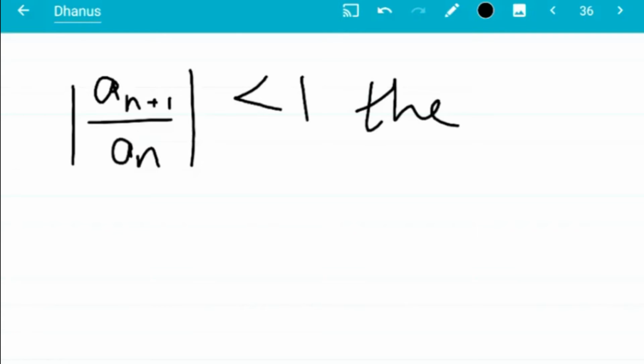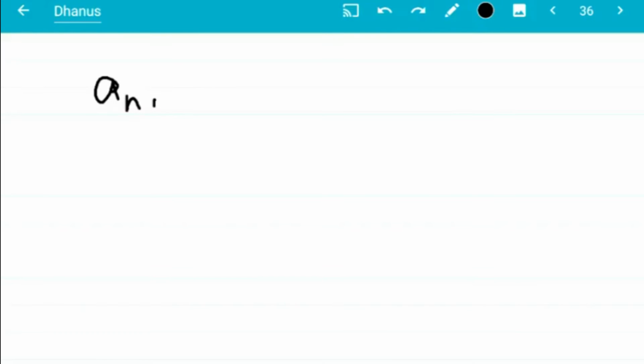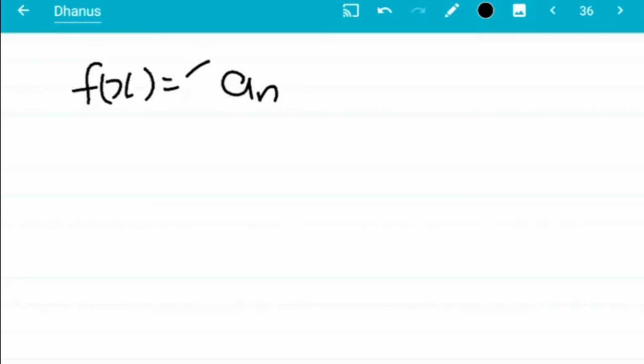Just consider f(x) equal to the summation of an x raised to n, where n is a real number.